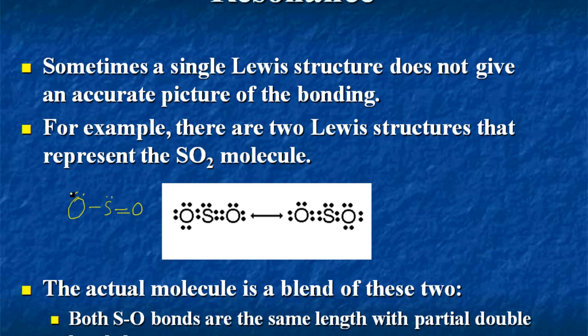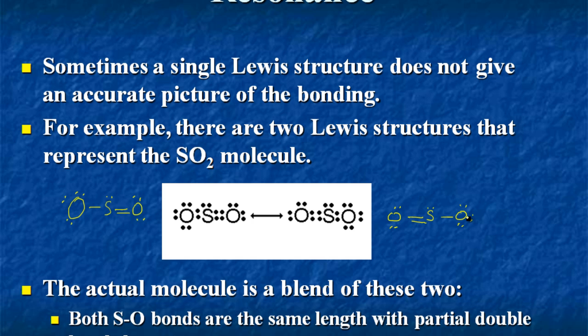One pair, 1, 2, 3, 4, 5, 6. Okay, this is the left side picture, and in the right side picture, this O is double bonded. Okay, so these are the two possible Lewis structures you can come up with for the SO2 molecule, right?